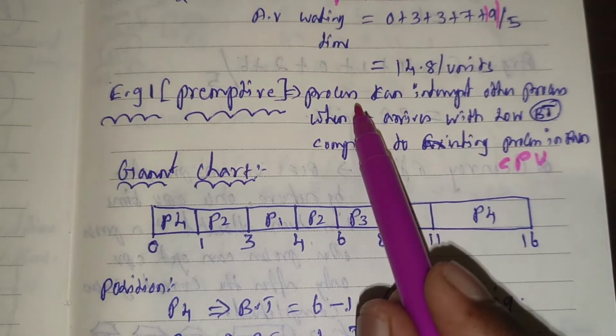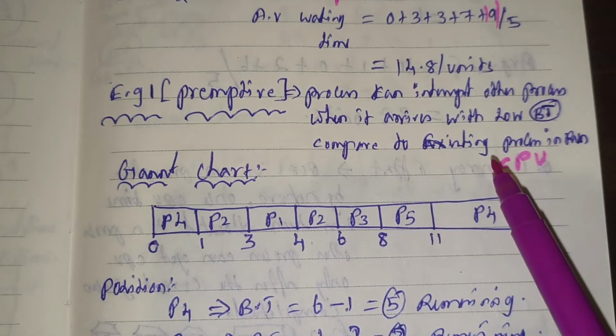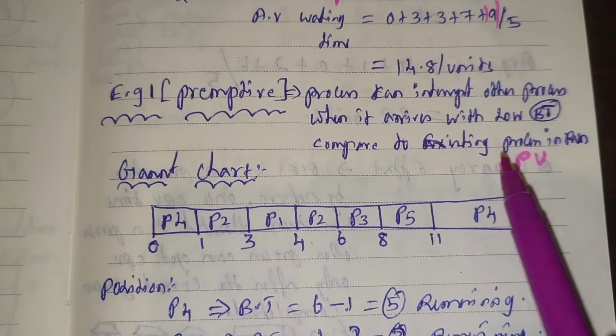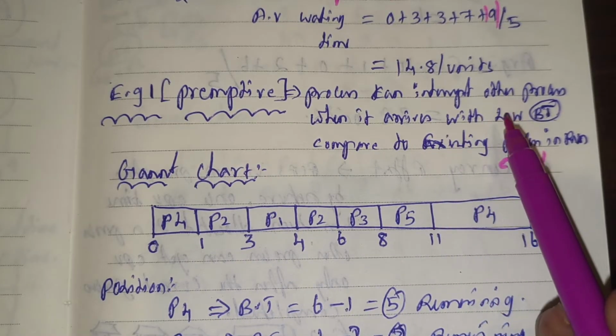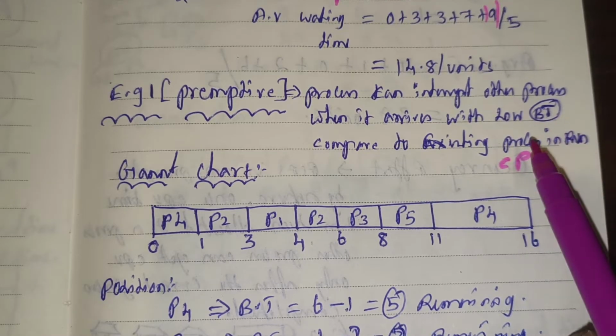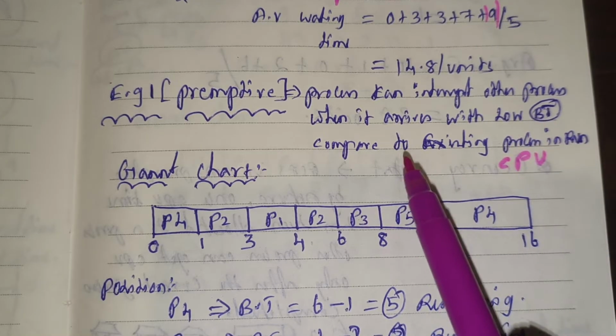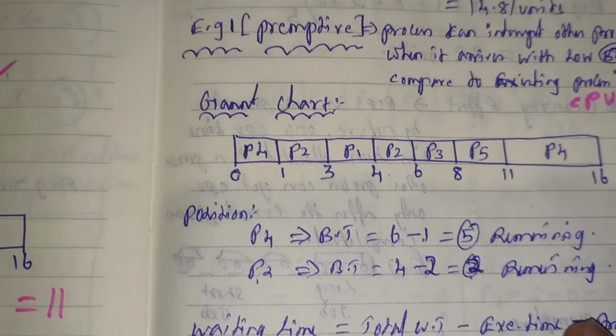But here it is the reverse. Whichever process arrives later, while some process is already running inside, it will compare the burst time and the priority and interrupt the current process running inside the CPU. So I will prove that with one example.